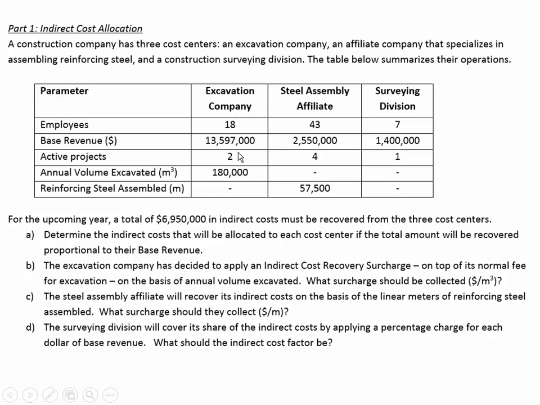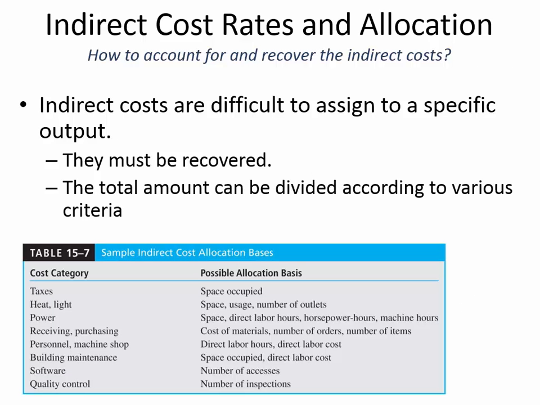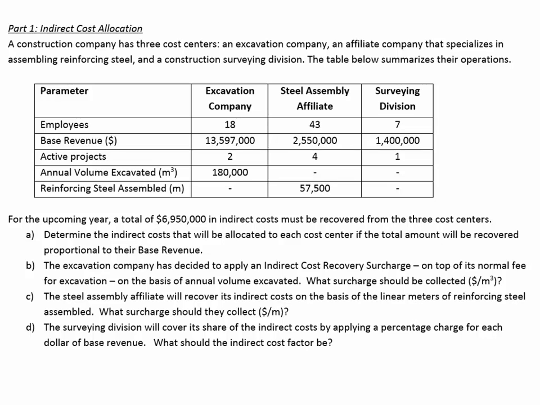And so the question is if you have to allocate $6.95 million, that's the management expenses, the rent, maybe it includes some sort of the health insurance, these are all of the indirect costs that are related to these sorts of categories, all lumped together. You have to recover $6.9 million. So the question is, who has to pay how much?